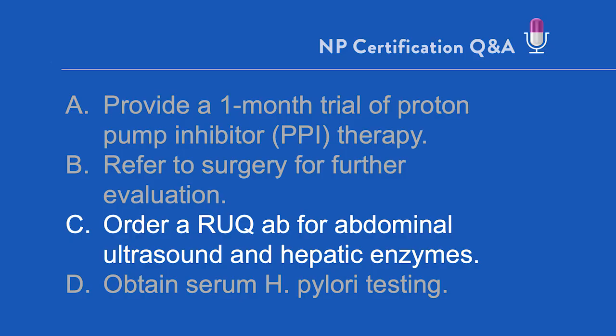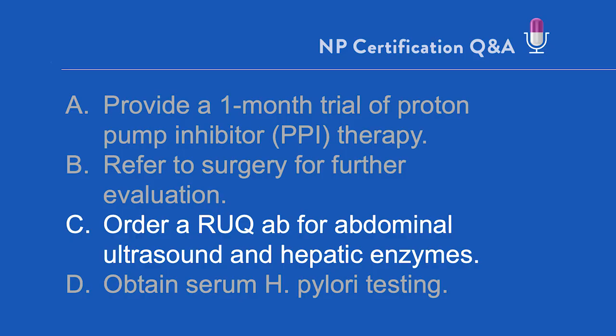With cholecystitis, where the gallbladder is inflamed, the patient will stop breathing in with the deep right upper quadrant abdominal palpation, and that's what's known as a positive Murphy's sign. Common risk factors for gallstone formation include age over 50, female birth sex assignment, and obesity, and this patient ticks off all 3 of those boxes.